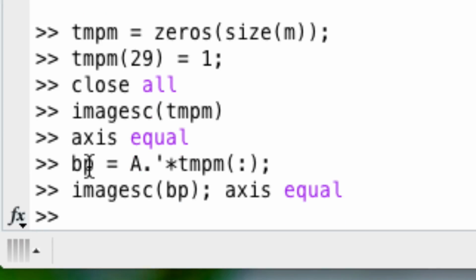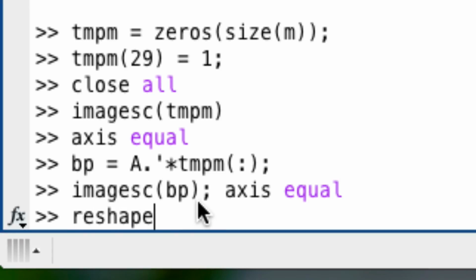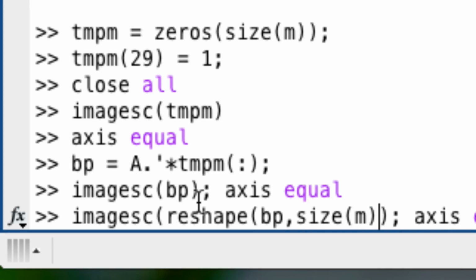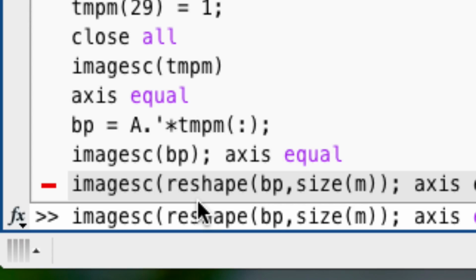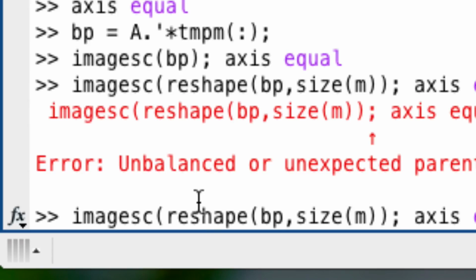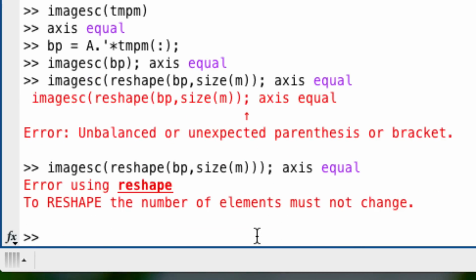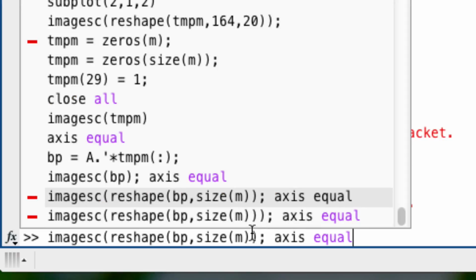If you reshape it to drop it as a vector... Oh, yes. Something is missing, maybe. Oh, this should be, of course, n by n.